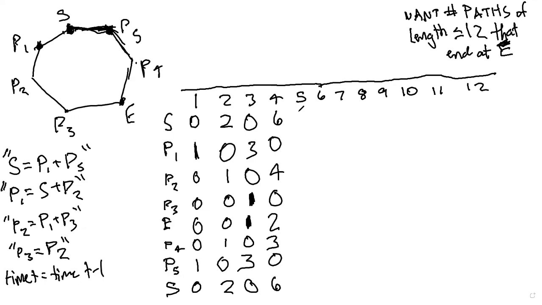There are no ways to reach S here. P1 is 6 plus 4. P2 is 0 plus 0. P3 is 4. E is going to be 0 plus 2 plus 3, which is 5. P4 is going to be 0. P5 is going to be 9. And this is, of course, going to be 0.